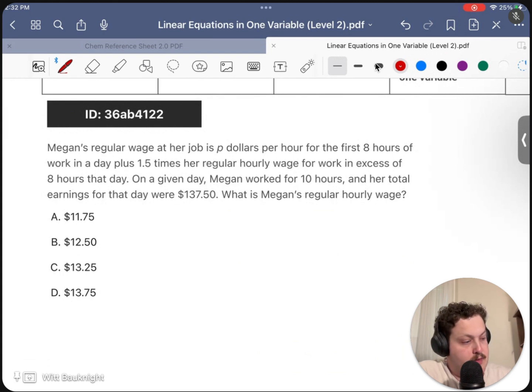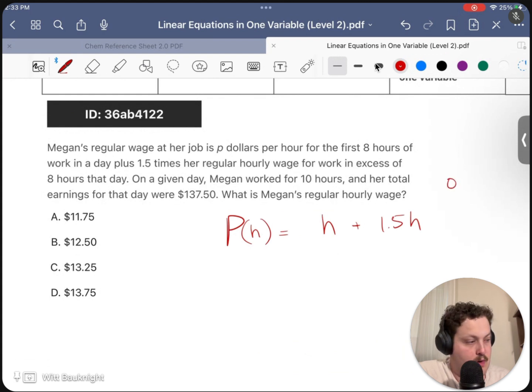Okay, so her pay is equal to how many hours she normally works, plus, let's see, 1.5 hours of overtime. Overtime, I'll use O, is equal to 1.5.